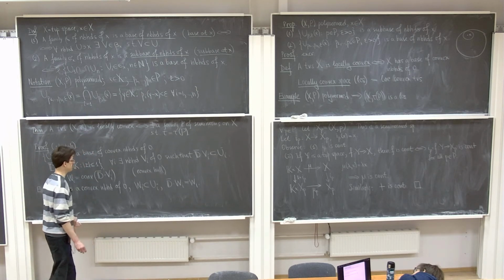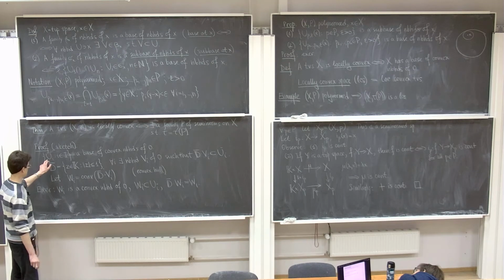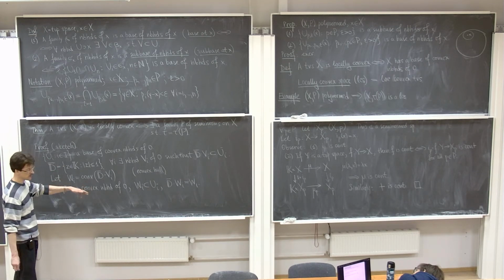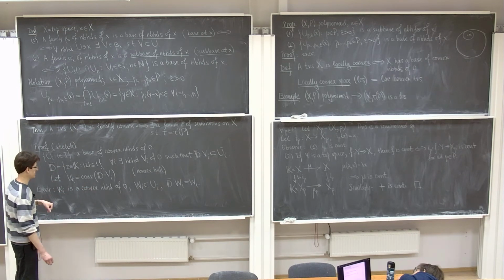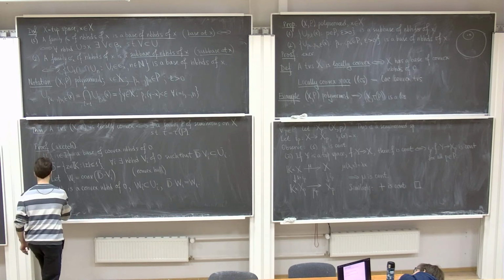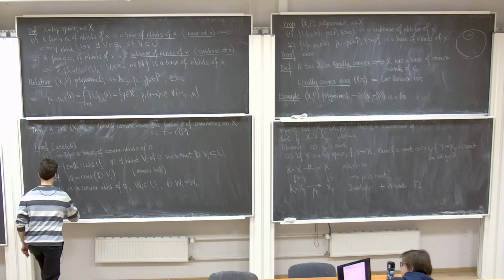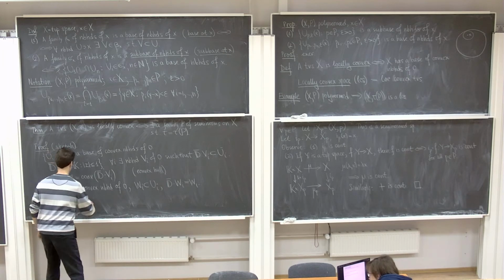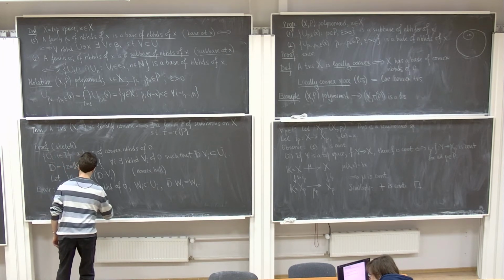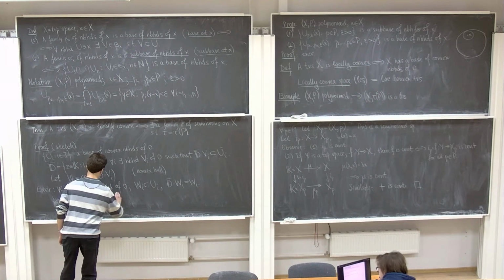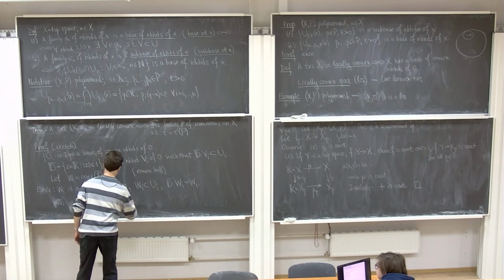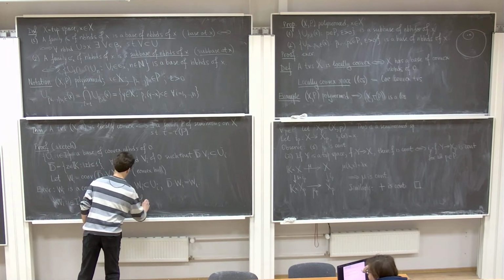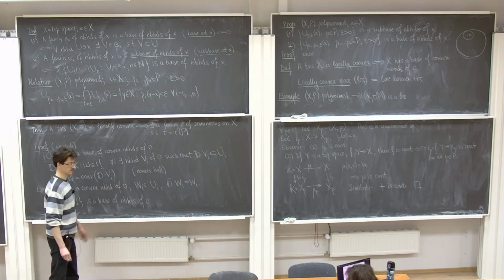Okay, if we now replace each Ui by Wi, then we still have a base of convex neighborhoods of 0. So the family Wi is also a base of neighborhoods of 0, because Wi is contained in Ui.